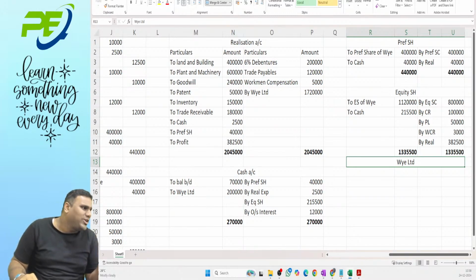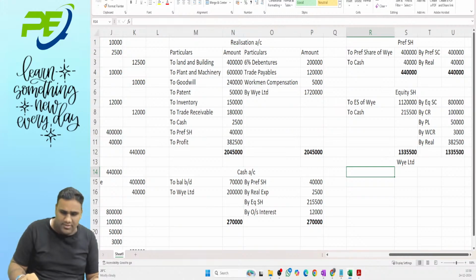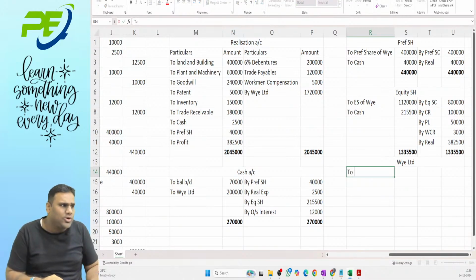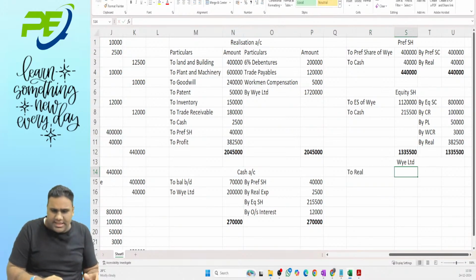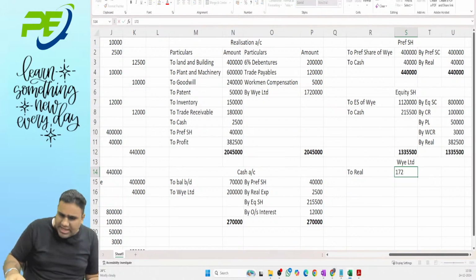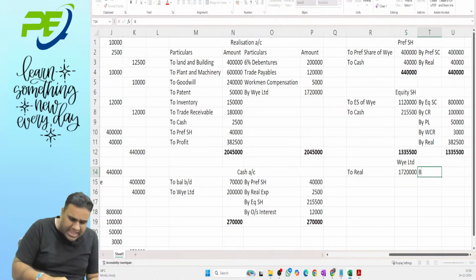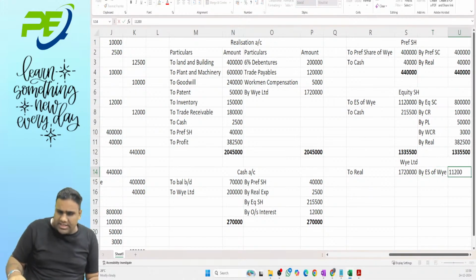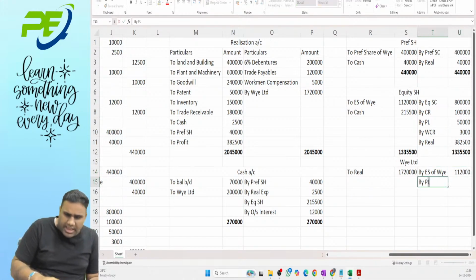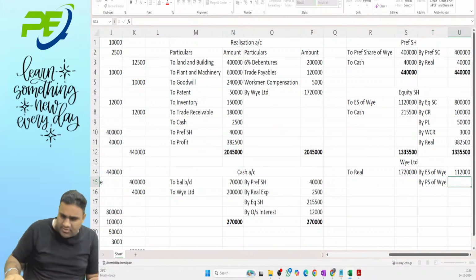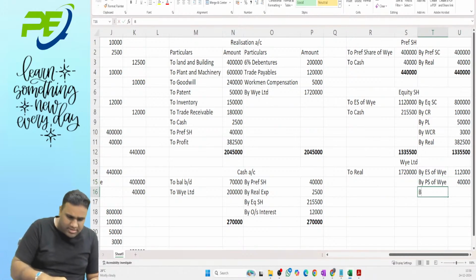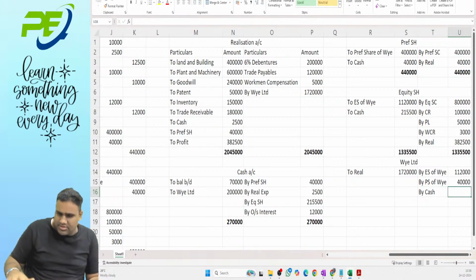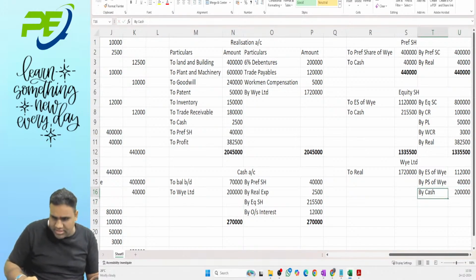Next, Y Limited. The first 2 entries we don't have, third entry: to realization 17 lakh 20,000. Then discharged by equity shares of Y Limited 11 lakh 20,000, by preference shares of Y 4 lakh, by cash 2 lakhs.